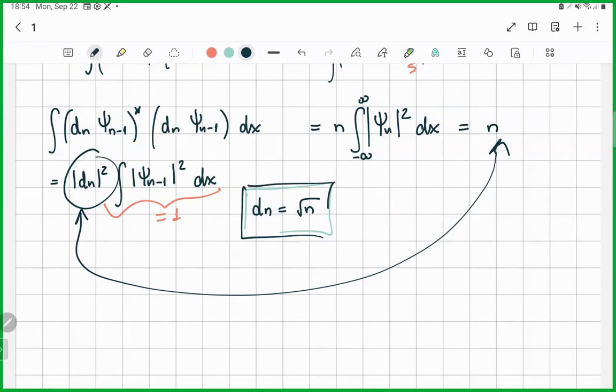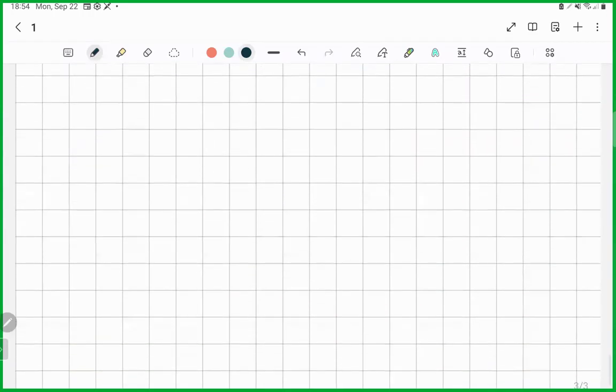Very good. So now let's put these equations together. What we found, and this is very important to know, this derivation. There are many important things that we did along these derivations. But what we found: a₊ψ_n is the square root of n+1 times ψ_{n+1}.